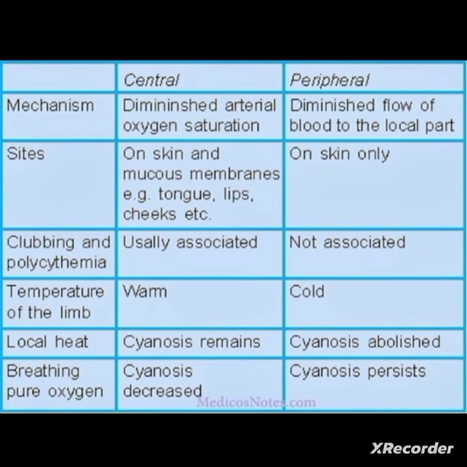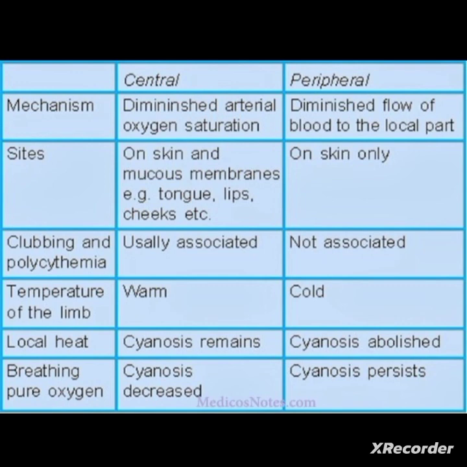Clubbing and polycythemia: central cyanosis is usually associated with clubbing and polycythemia, but peripheral cyanosis is not. In central cyanosis, when we touch the area, the temperature of the limb will be warm.